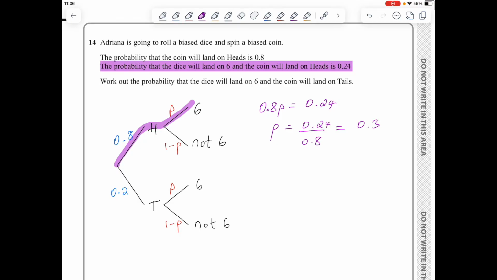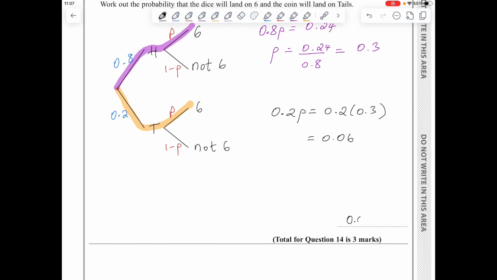Now I'm being asked to find the probability of getting a tail and a 6, which is this combination here. And this will be equal to 0.2 times P. So 0.2 times 0.3, which will give me 0.06. And that's my final answer.